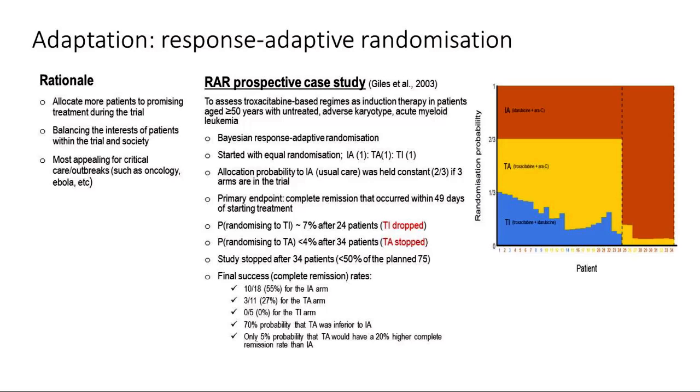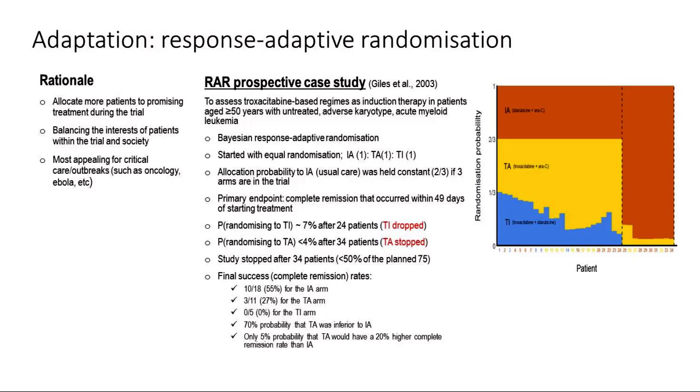So they wanted to lower the chances of allocating incoming patients to that treatment arm. And because it wasn't performing well, the probability was close to 0 after 24 patients. So they had to stop that treatment arm, because actually the probability is 0. There is no good chance for us to allocate new patients to that arm because it's not performing well. So the principle is just the same.